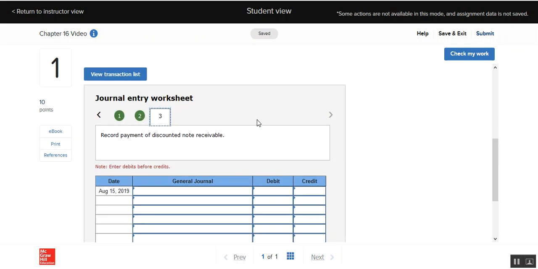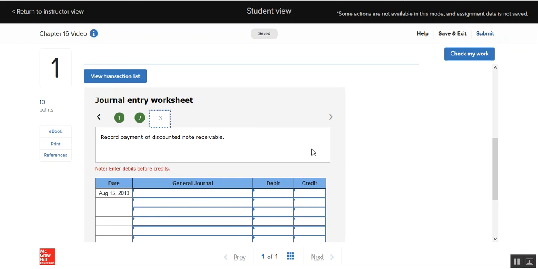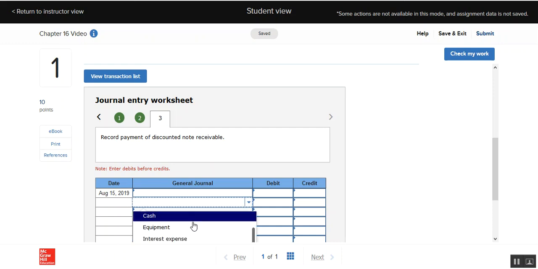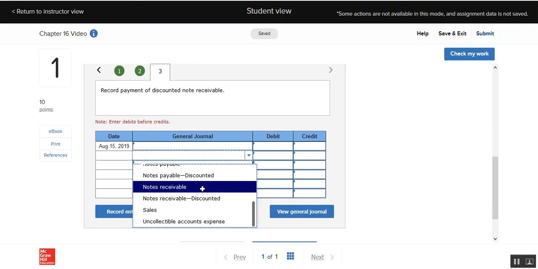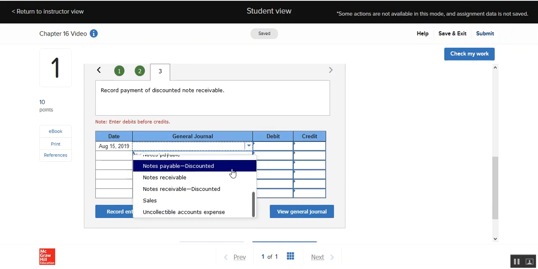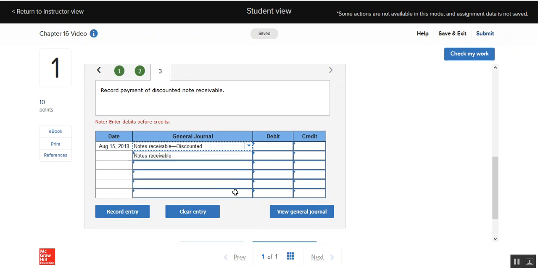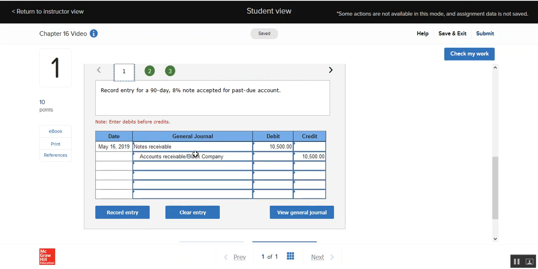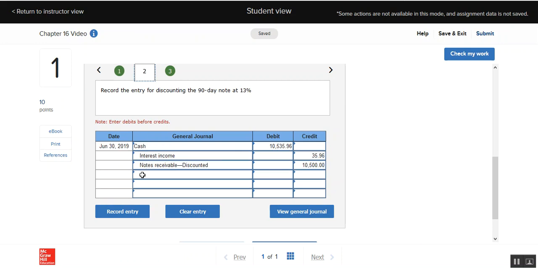And then it says record payment of discounted notes receivable. So we are going to get rid of the notes receivable that we have on our books, and we're going to get rid of that discounted notes receivable. So remember over here in the first entry we recorded a notes receivable. And in this entry, we have a discounted notes receivable.